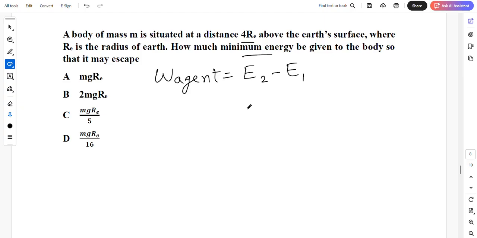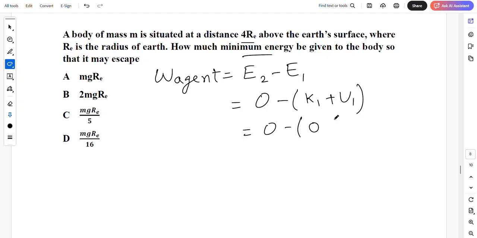E2 is 0, minus E1, which I can write as K1 plus U1. This is the initial mechanical energy and this is the final mechanical energy. The final mechanical energy is 0, minus K1 plus U1. K1 is also 0, as it is at rest.